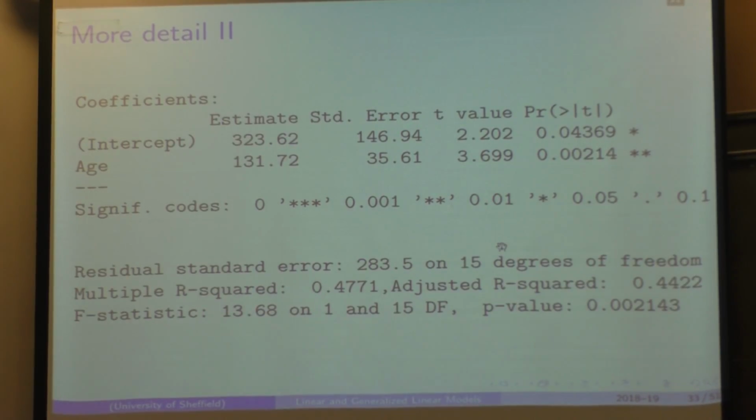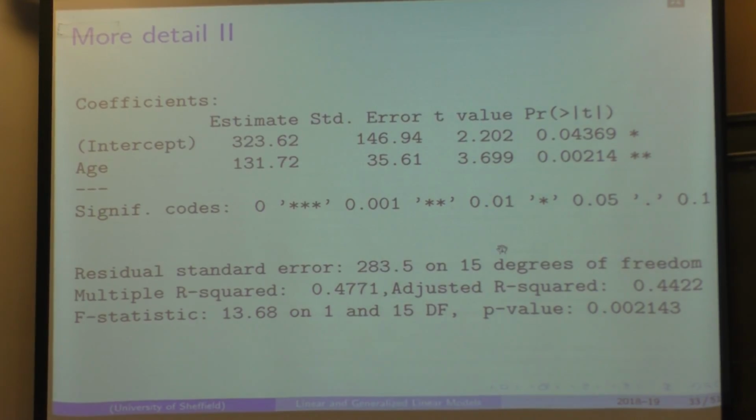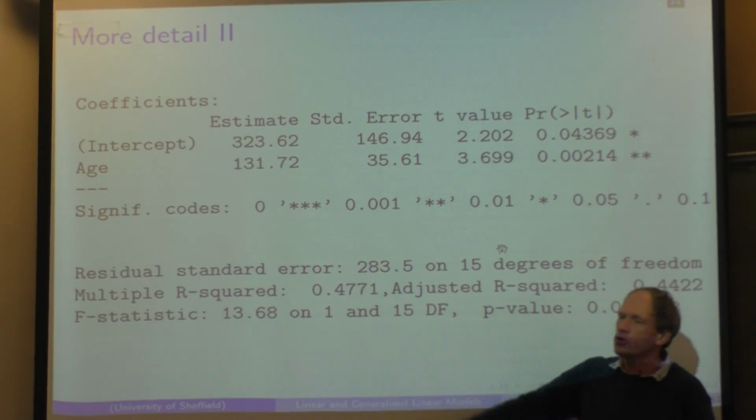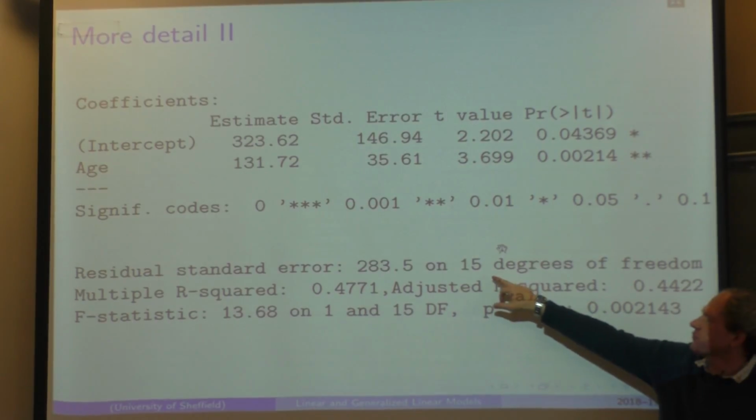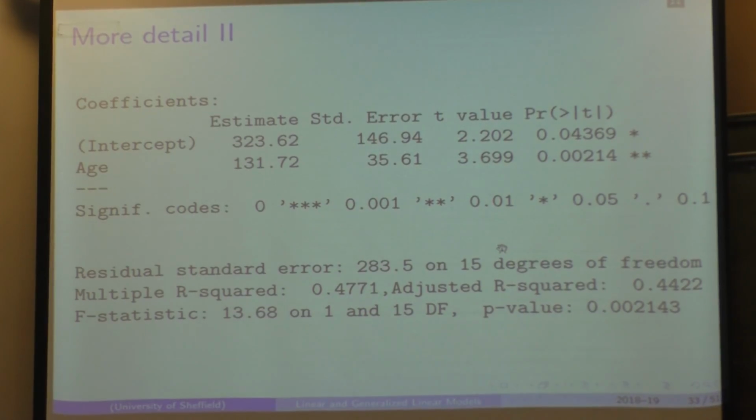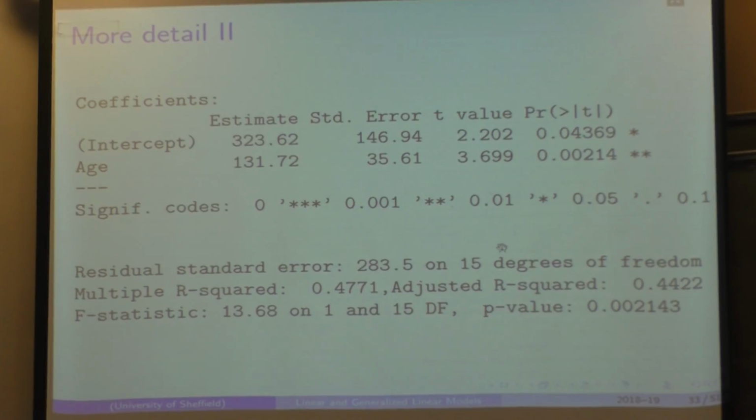Okay, it also gives us some more information, and we'll see what this really means as we go further through the course. So we've got the residual standard error. It now tells us that there are 15 degrees of freedom, and there are some things here called multiple r squared and adjusted r squared. As I say, we will see what those mean later on.